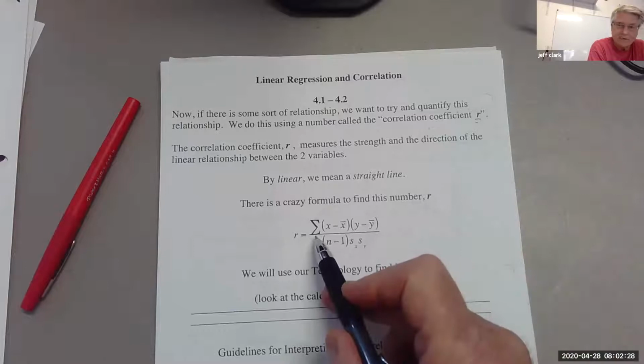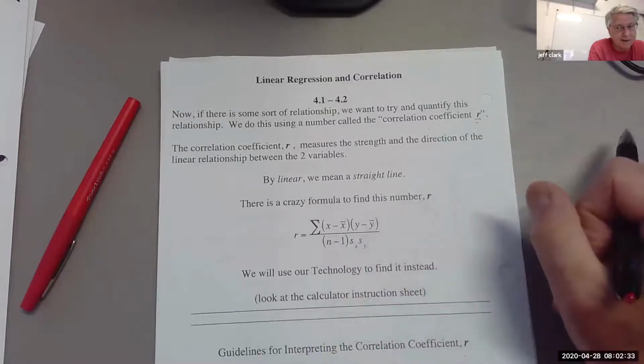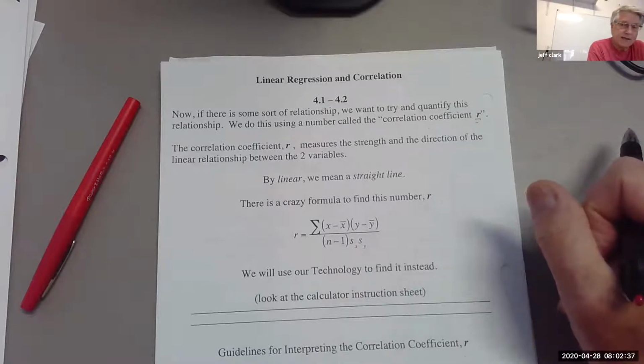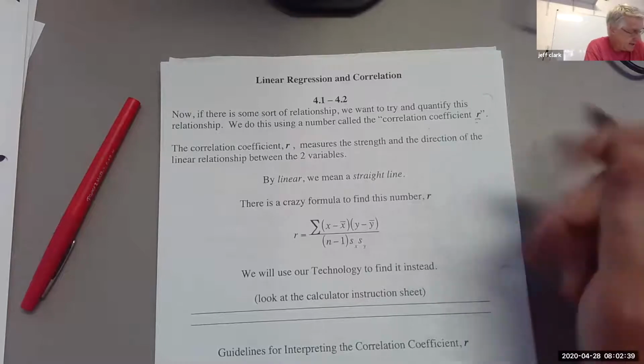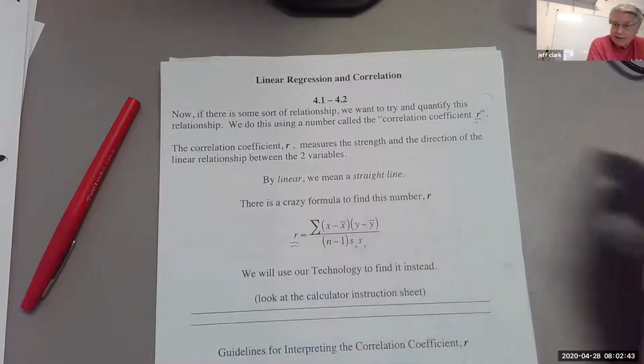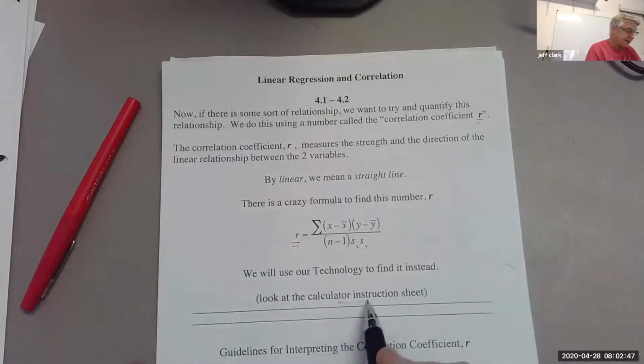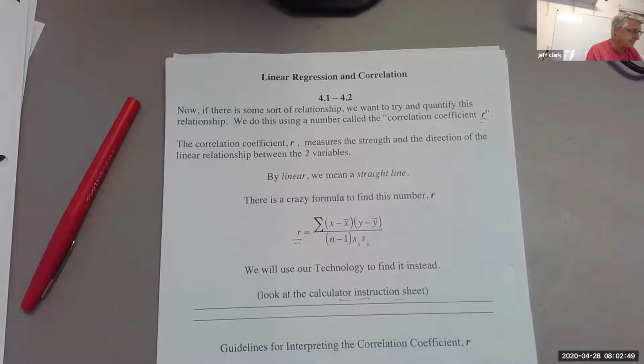And of course, that symbol right means you're going to add them all up. So there's a lot going on here. To do this by hand, forget it. So we're going to let the technology find us the R. And so we don't have to do it by hand. And I'll show you that with the calculator instruction sheet here momentarily.